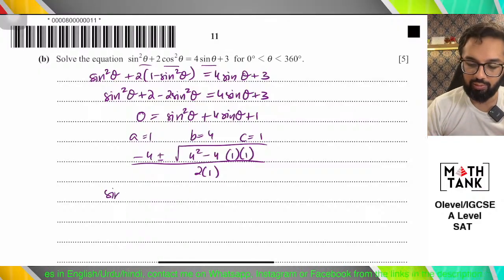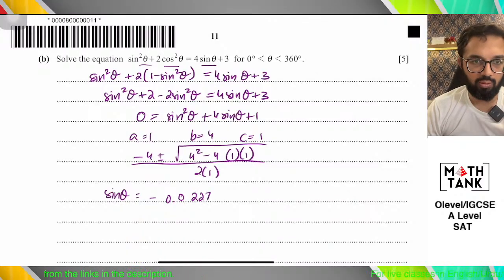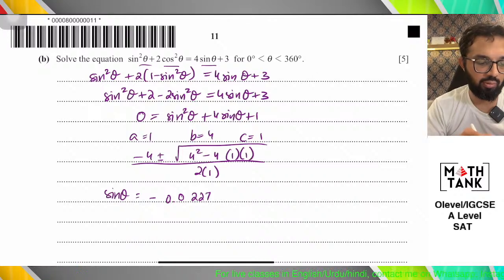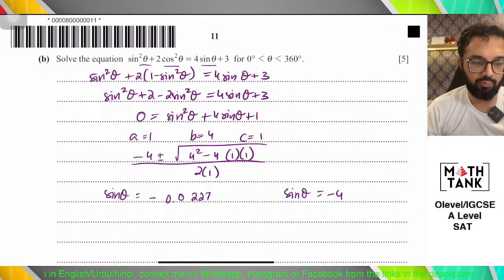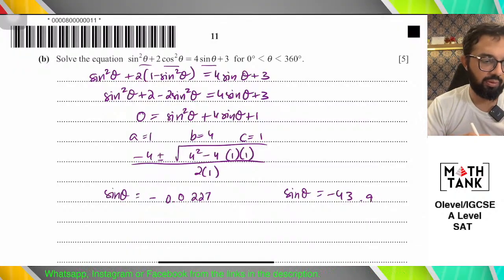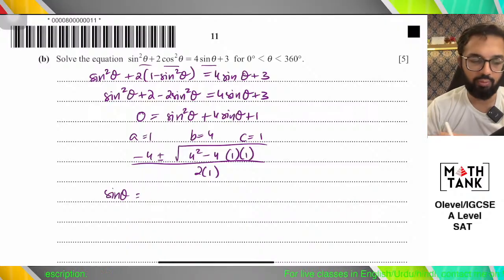I'm getting sine theta equals to minus 0.0227, very small value. And sine theta equals to minus 43.9. Or no, I've done something wrong. Okay, my bad. Very absurd values.